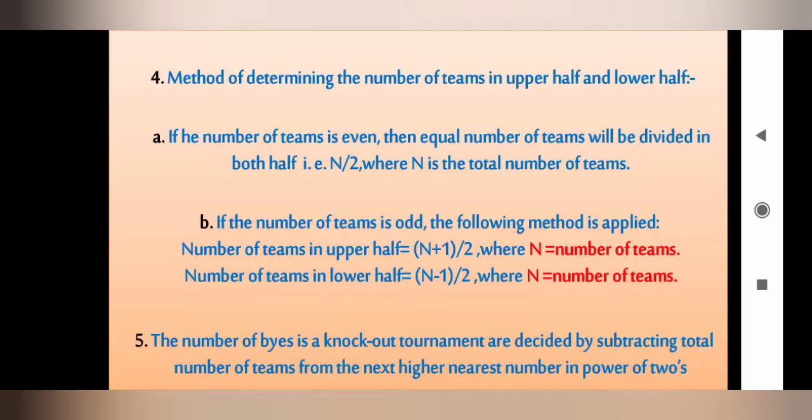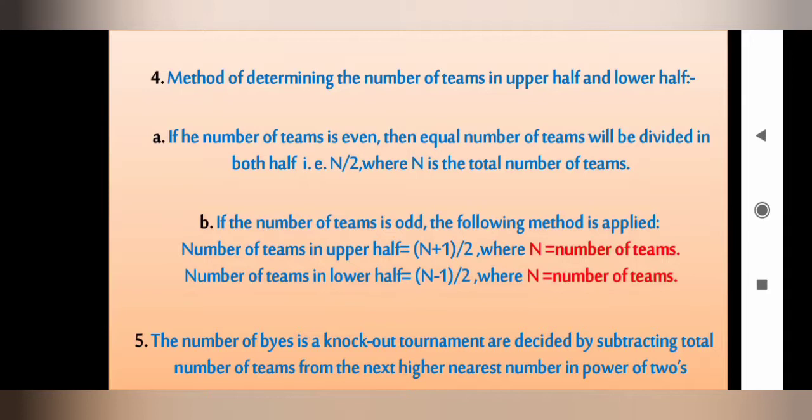In 10 teams, the total number of teams is 10, so the upper half has 5 teams and the lower half also has 5 teams. The formula is n upon 2, where n is the total number of teams. This formula is used only if the number of teams is even.